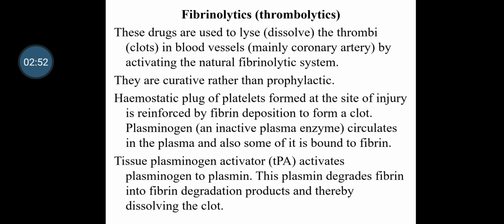These medicines are known as fibrinolytics. So what are fibrinolytics? Fibrinolytics are the drugs which can convert inactive plasminogen to active plasmin. By this mechanism, the fibrin gets degraded. So that is the actual mechanism of fibrinolytics.